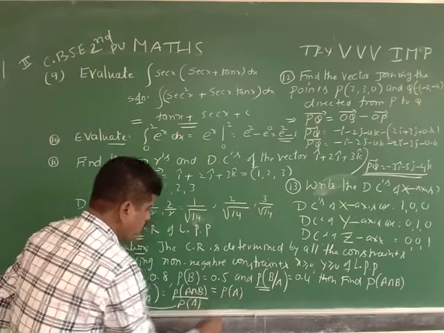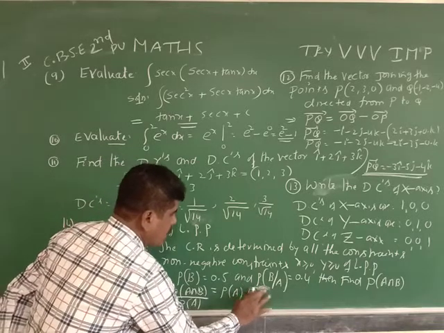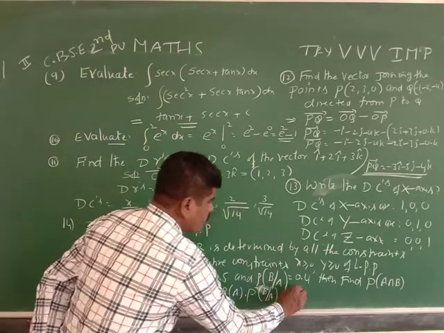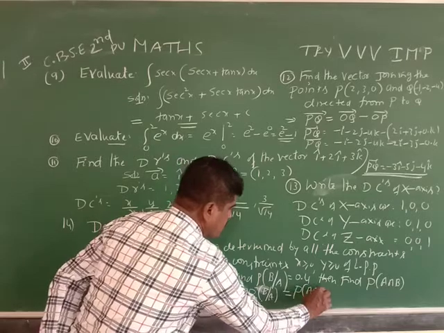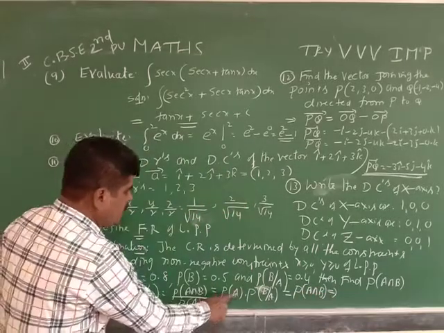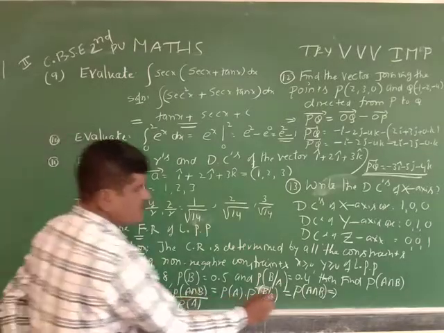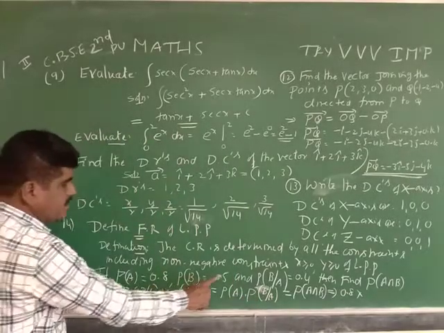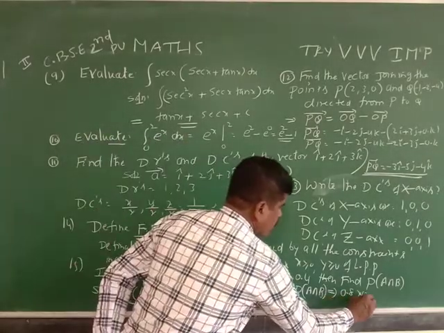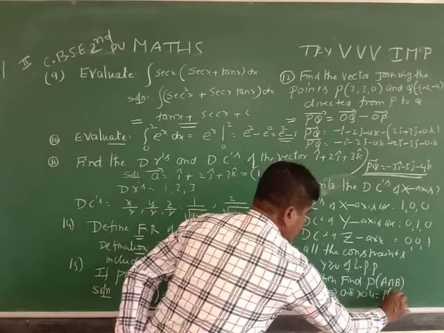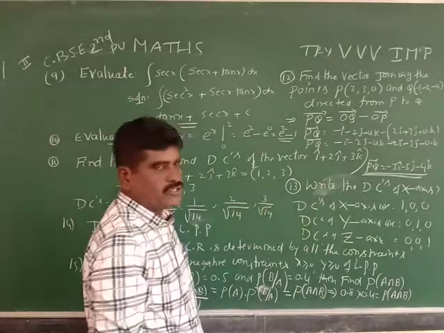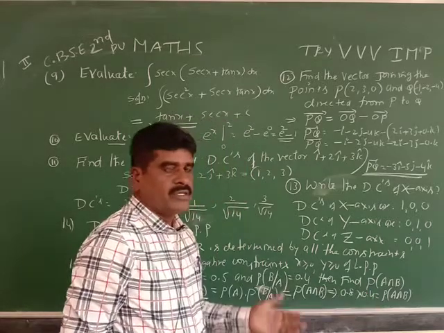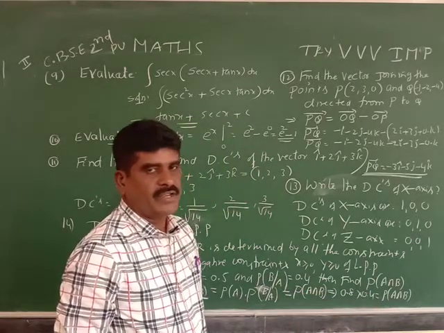Probability of A into probability of B by A is equal to probability of A intersection B. P of A is 0.8 into probability of B by A, given as 0.4, equals probability of A intersection B. What is the answer? 0.8 into 0.4, using a calculator, 0.32 is the probability of A intersection B.